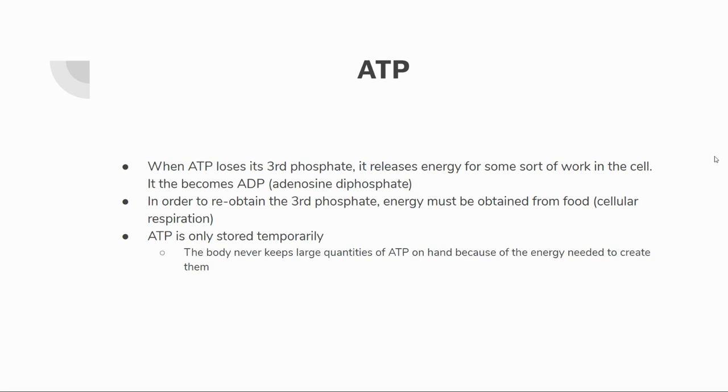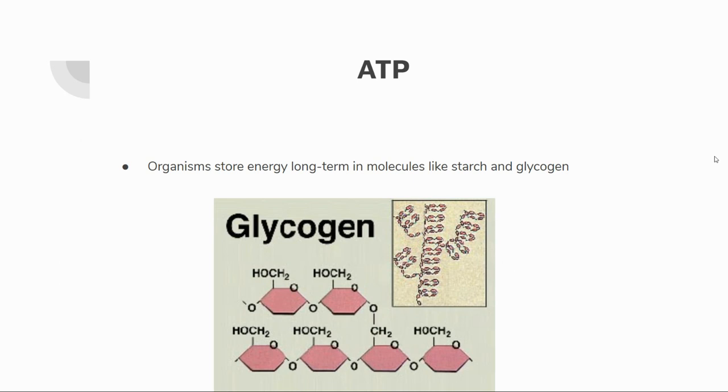So in order to reobtain the third phosphate, energy must be obtained from food, or if it's a plant, could be sunlight. ATP is only stored temporarily. The body never keeps large quantities of ATP on hand because of the energy needed to create them. So organisms store energy in long-term molecules like starch and glycogen.